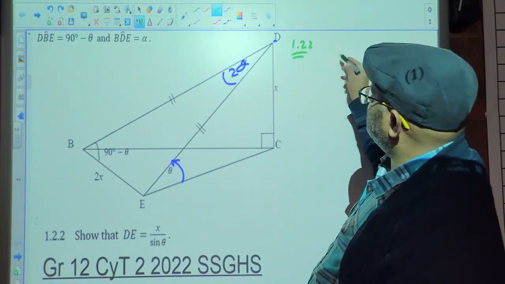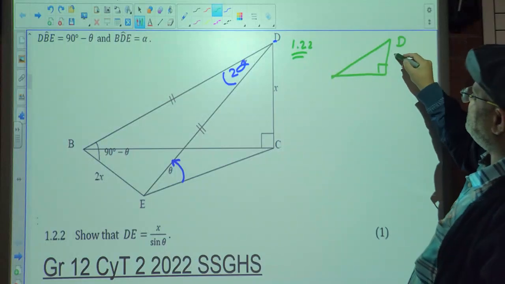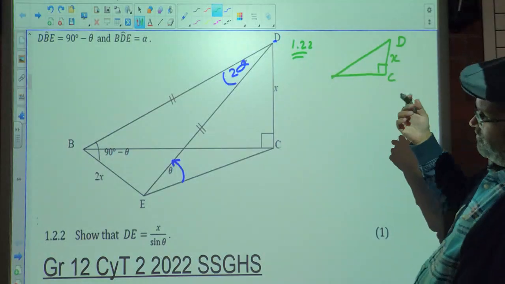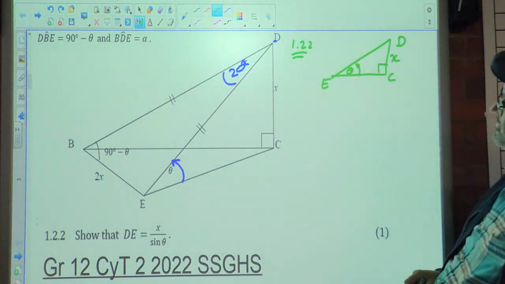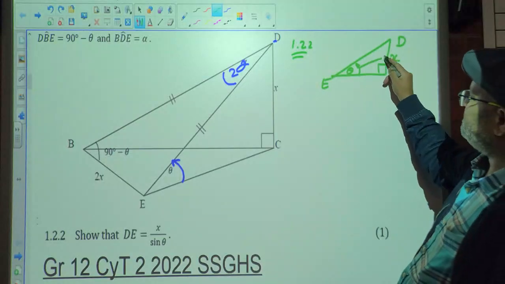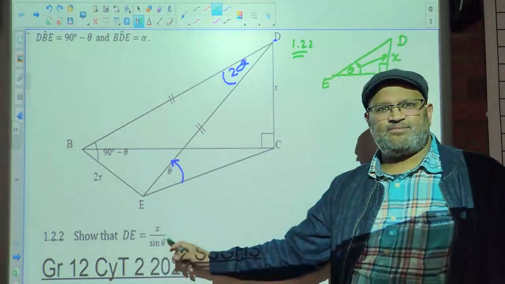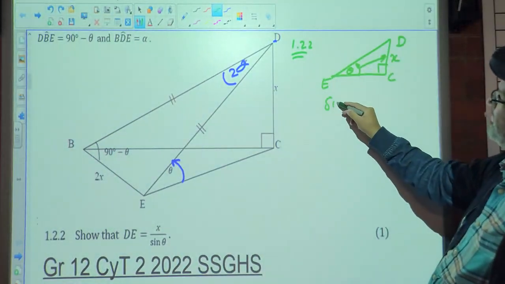1.2.2. If you look at this triangle here, note that I always write it out so that it makes it easier for the learner to see, or for me to see. There's your angle theta. You must pick up DE, and you must pick up x. Which trigonometric function is opposite over hypotenuse? Sine.